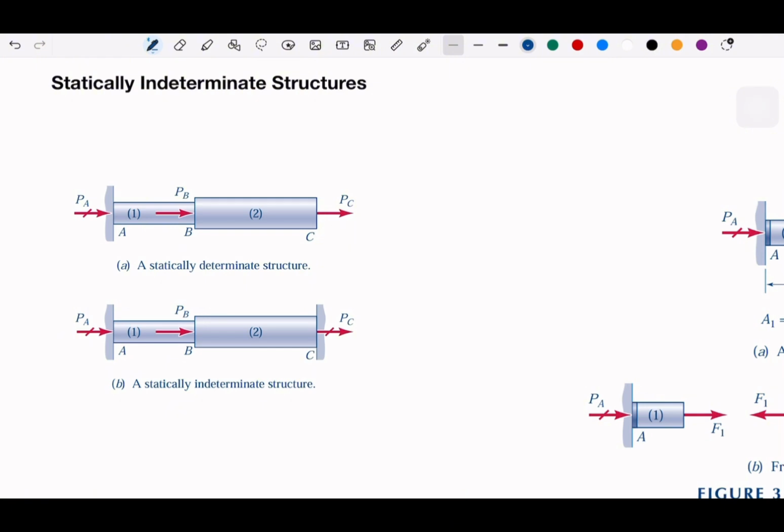But for this one, the two members have a wall in between, which means that we have a reaction force here and here, but we know that there is some force applied at point B. This is not easy to compute because this is something that we do not know. So we need what we call the compatibility equations.